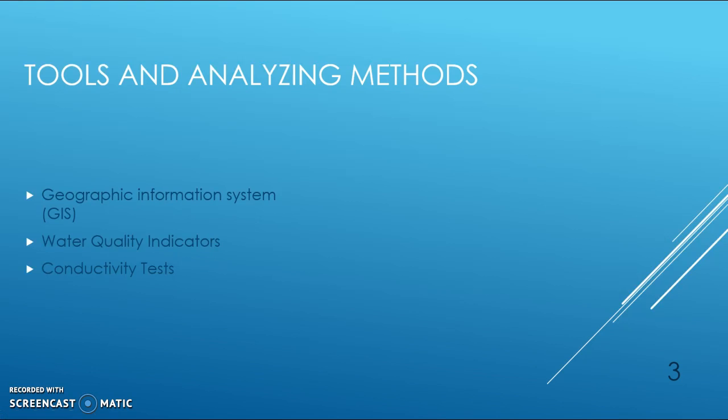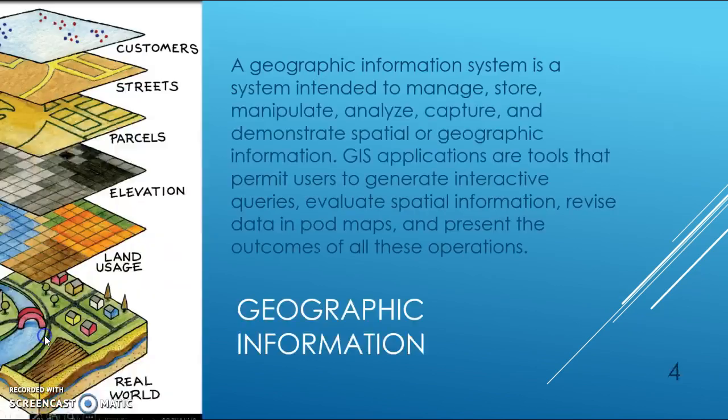Tools and analyzing methods: Geographic Information System, also known as GIS, water quality indicators, and conductivity tests. A geographic information system is a system intended to manage, store, manipulate, analyze, capture, and demonstrate spatial or geographic information.